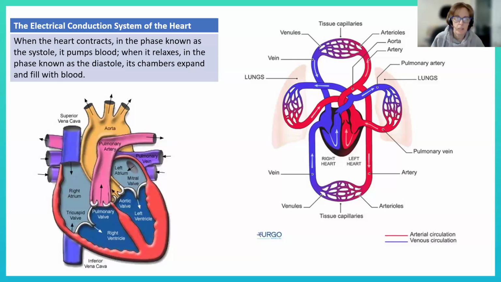And when it relaxes, we have diastole, which I've heard some Americans pronounce differently. So diastole is how I heard it pronounced usually in the UK. So diastole and systole. In diastole, the heart chambers expand to receive the blood. Systole, they contract, or the way I remember it is systole squeeze. So that's when we get the contraction.